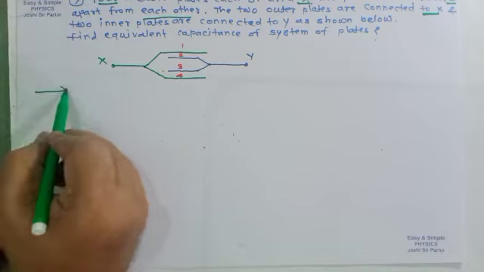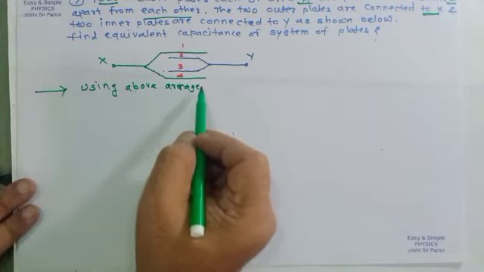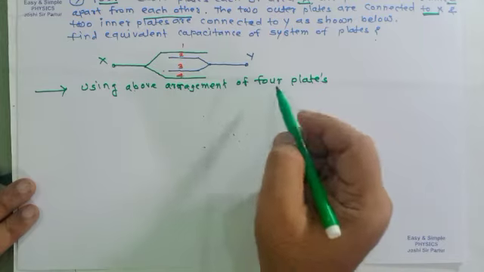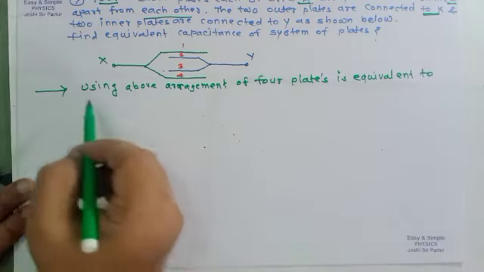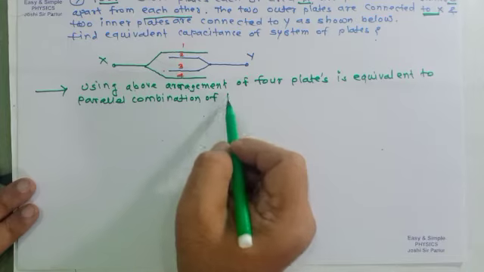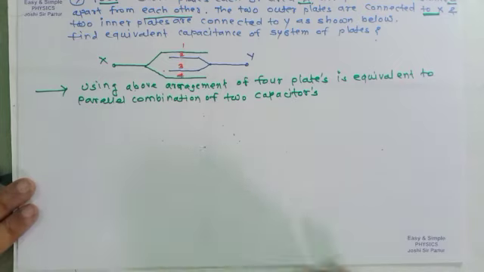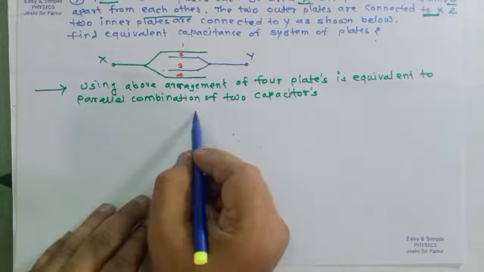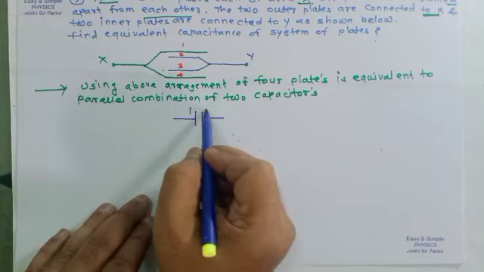See here, using the above arrangement of 4 plates is equivalent to a parallel combination of two capacitors, such that the parallel combination will be there, and here plate number 1 and plate number 2.